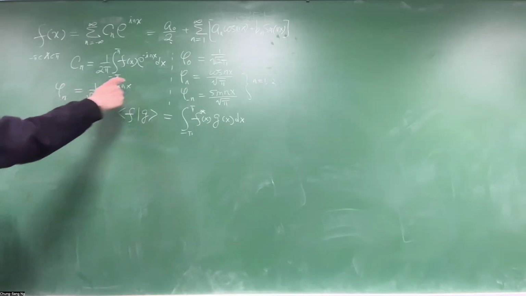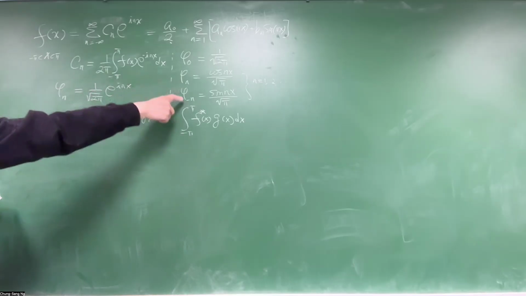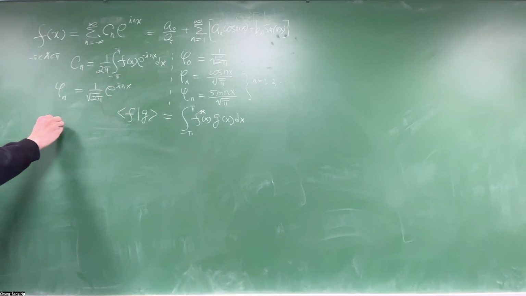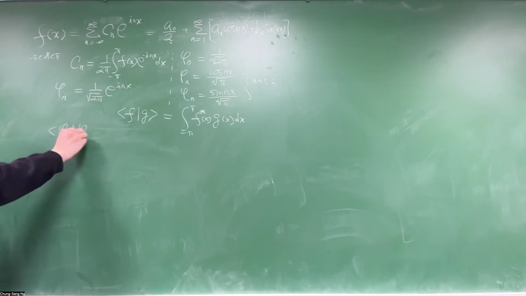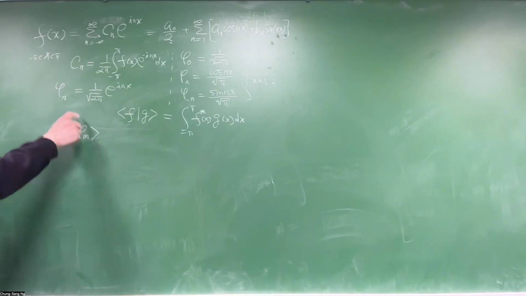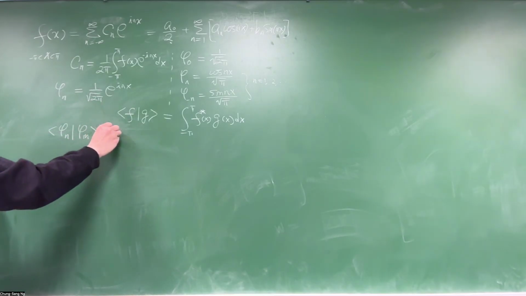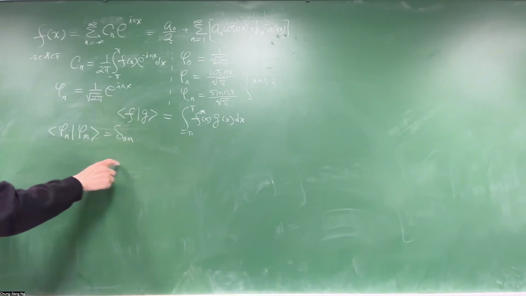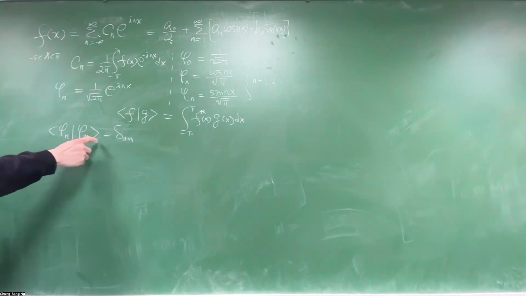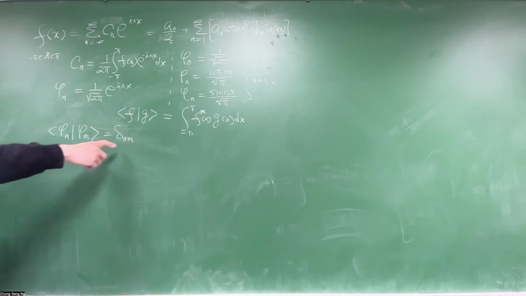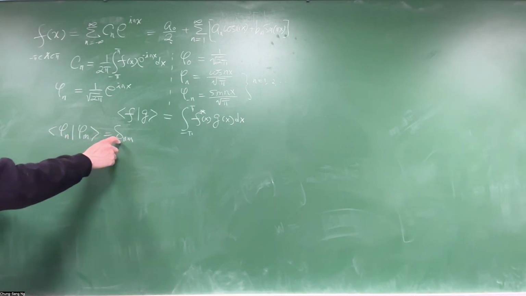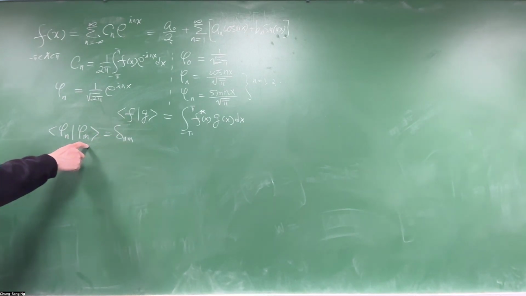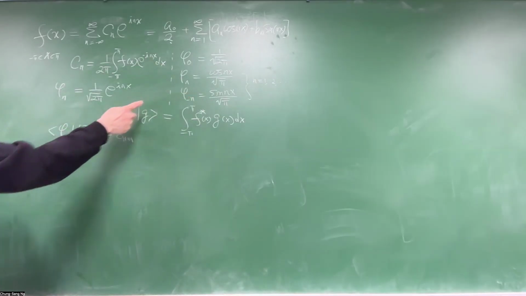Either you use this set or that set, you can convince yourself that the scalar product between two bases is just the Kronecker delta, which means it's 1 if n and m are the same, and 0 if n and m are different. Okay, so this is called the orthonormal condition for the bases, right? Both sets are the same.